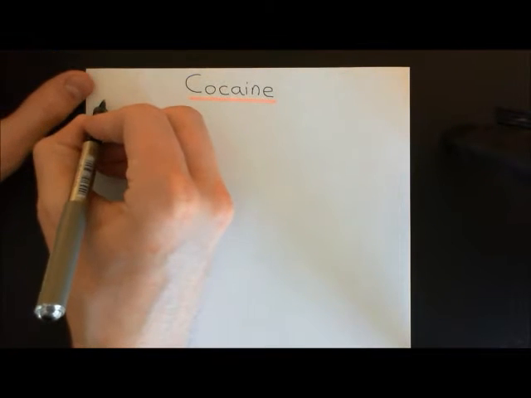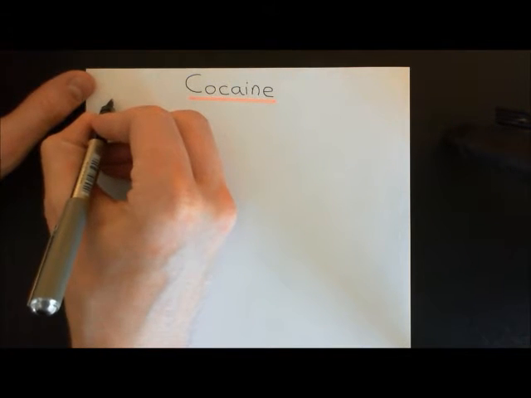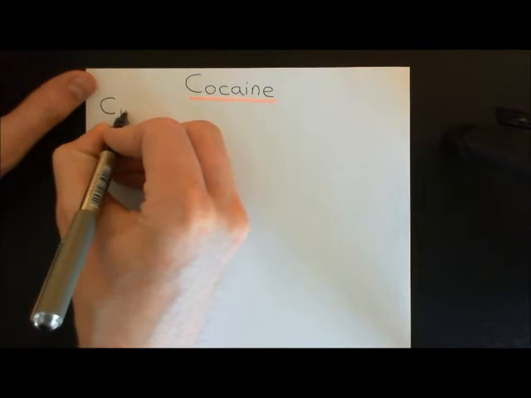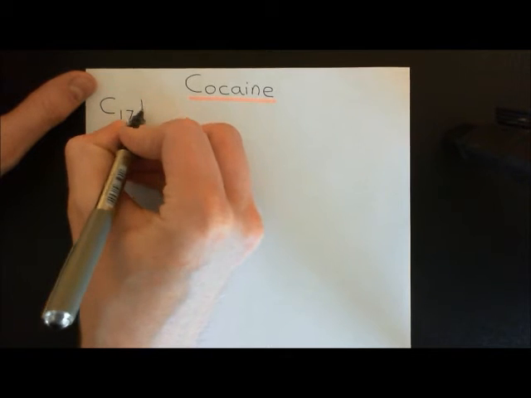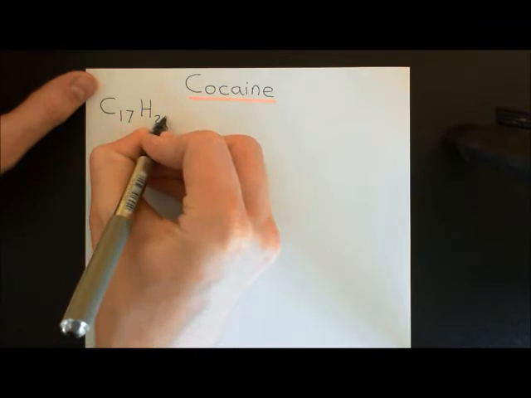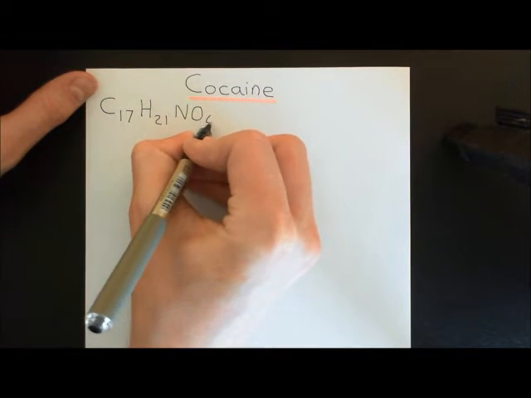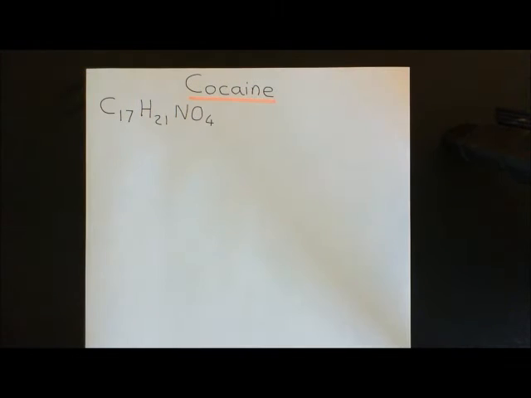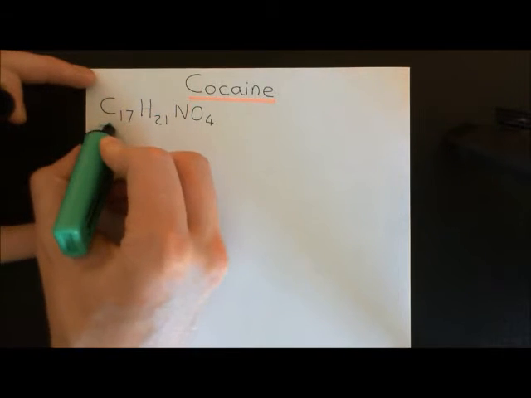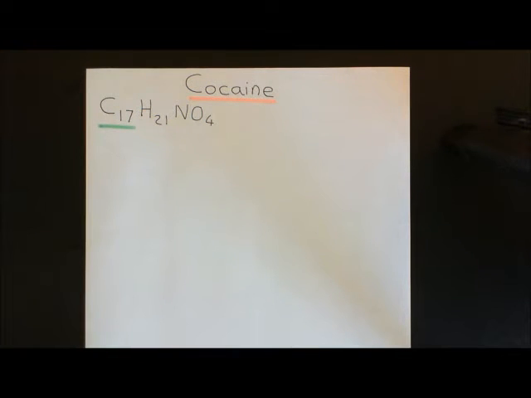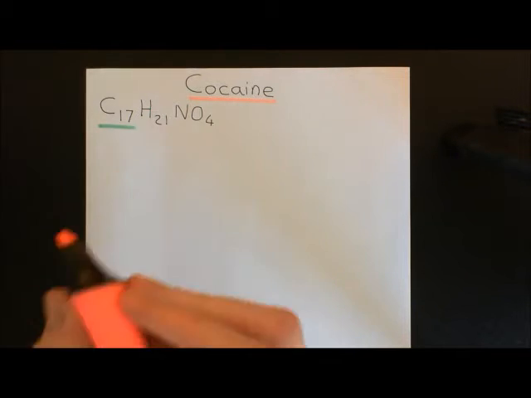Okay, so I'm going to put up a formula that will tell us what the atomic constituents of cocaine actually are. So C17H21NO4 is a formula for cocaine, and what this formula tells us is what the actual atomic constituents of cocaine are. So the C17 here tells us that every cocaine molecule contains 17 carbon atoms.